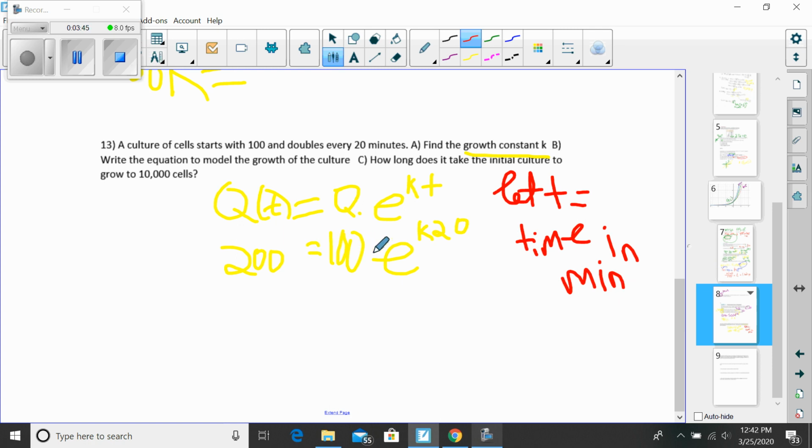And then here, in order to solve for K, remember, before I can take the natural log, I have to isolate this expression. It is no coincidence that I get a 2 over here. What this is saying is that whatever quantity I started with, right, I might say this is Q naught, and then I've doubled.